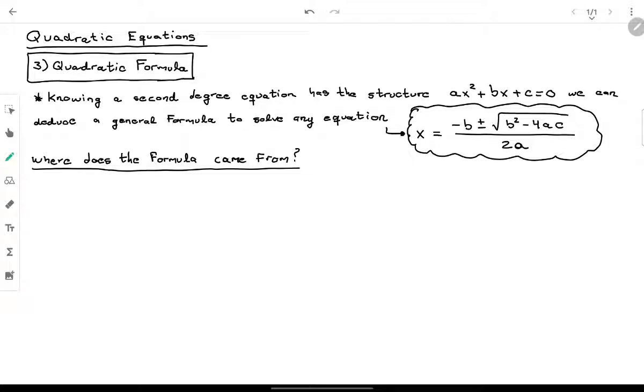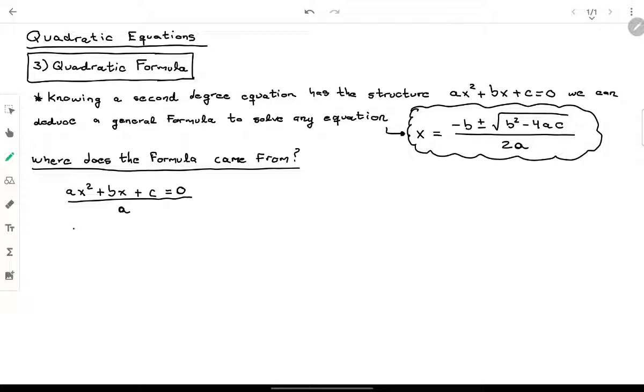The structure of a quadratic equation is normally ax squared plus bx plus c equals 0. With this structure, we will use the last method that we saw, completing the perfect square trinomial, in order to isolate the x and obtain the general formula. First, to complete a perfect square trinomial, we need to divide by a, because the x squared must be alone.